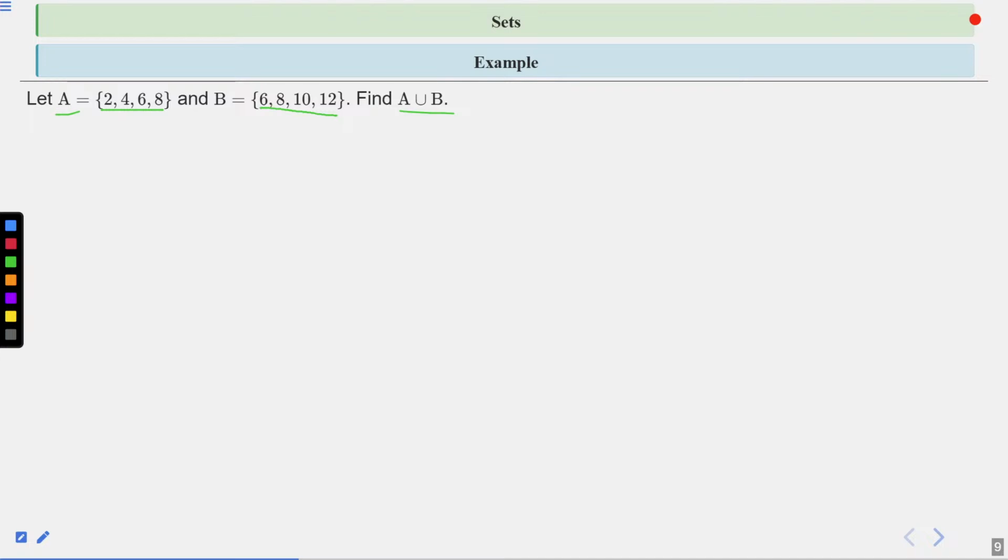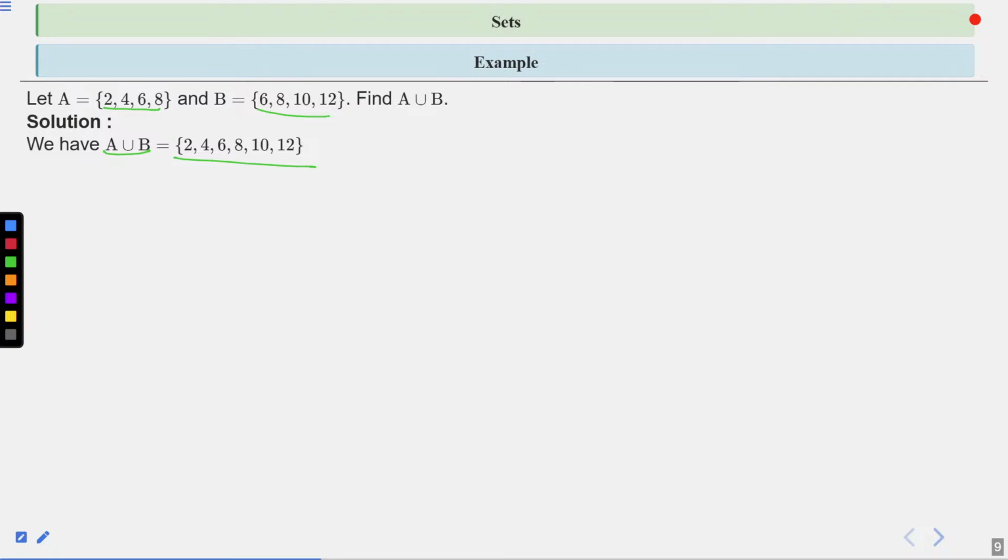So very simple. What we are trying to do is simply construct a set in which we have all the elements from the set A as well as from set B. So solution. Creating A union B is very simple. Just write all the elements from set A as well as from set B and write the repeated elements only a single time.